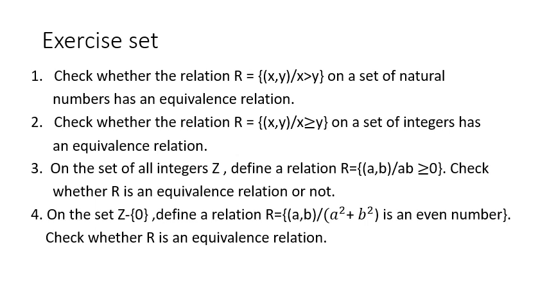If we take (2, 3), then 2 square is 4 plus 3 square is 9, so 4 plus 9, which is 13, is not an even number. So you have to collect the ordered pairs (A, B) such that A square plus B square gives an even number. Then check whether R is an equivalence relation.